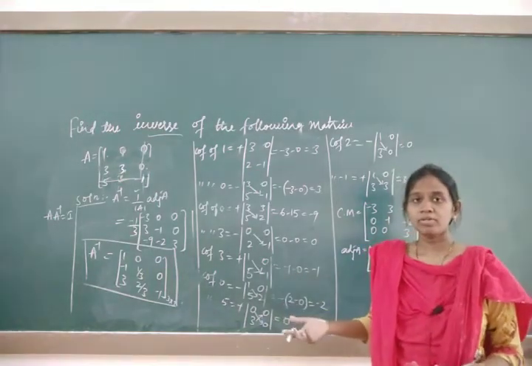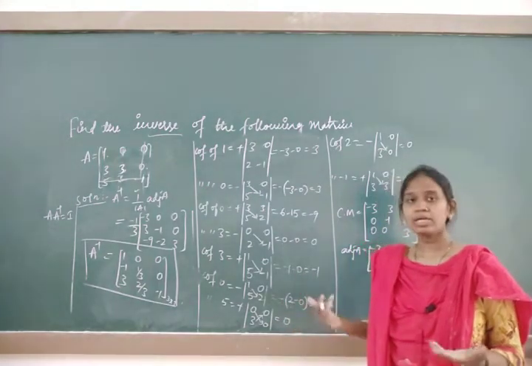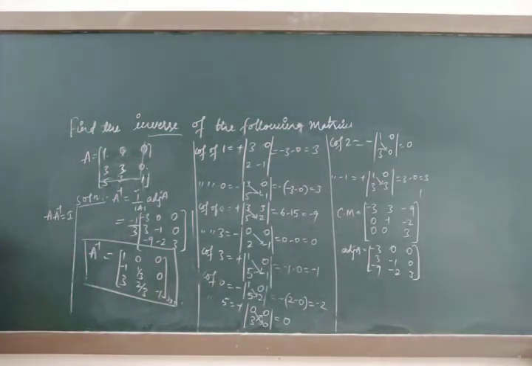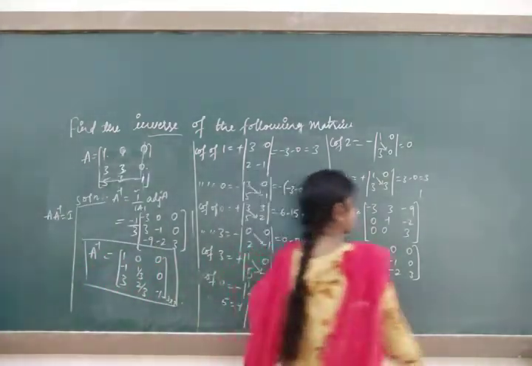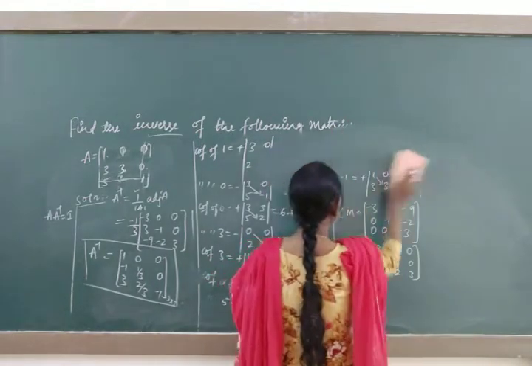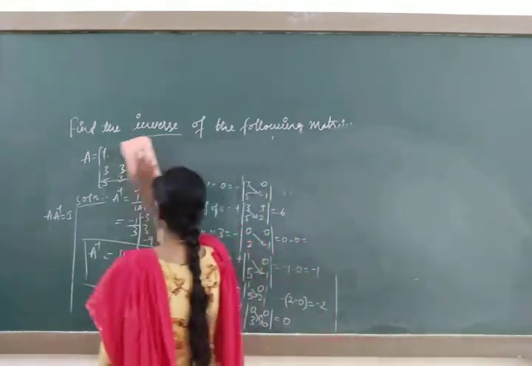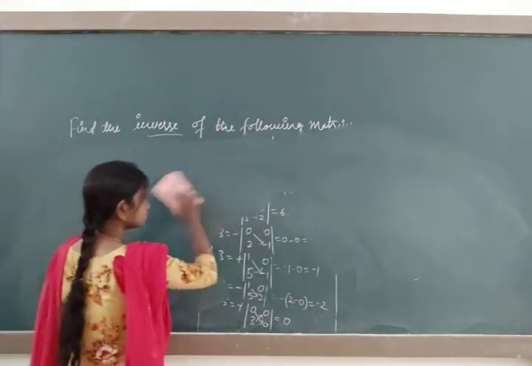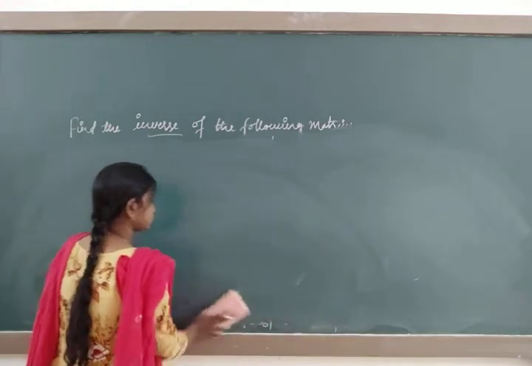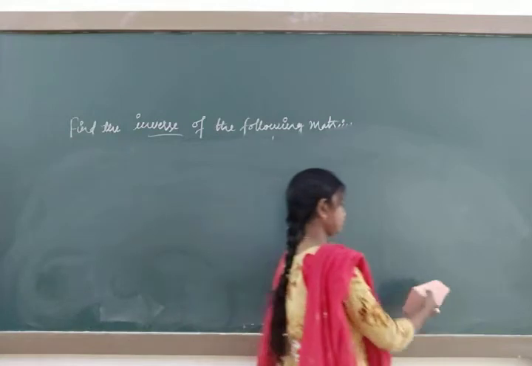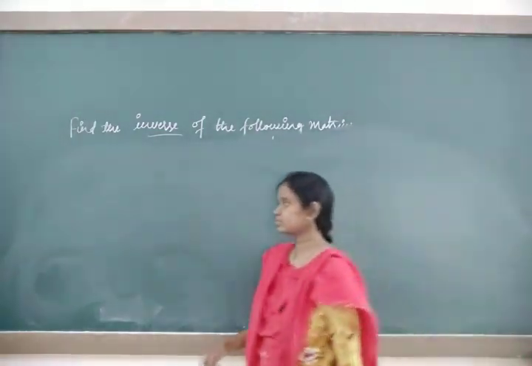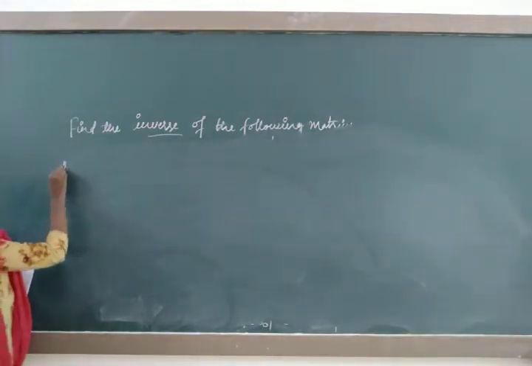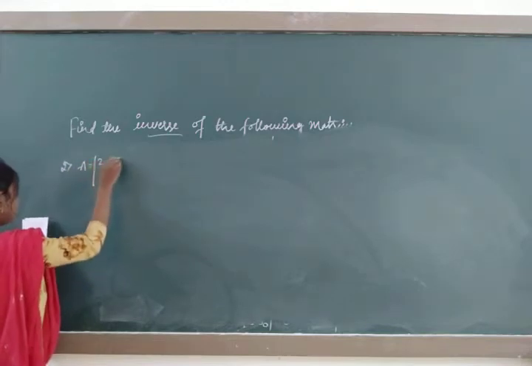So now we will take a 2 cross 2 order matrix and find its inverse. Take the question: A is equal to 2 minus 2 4 3.